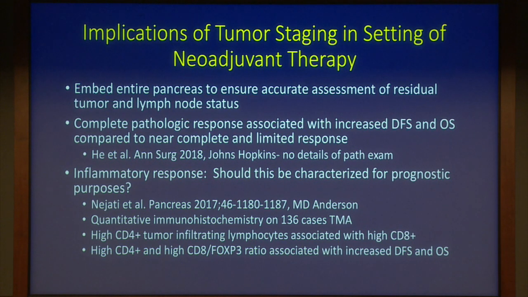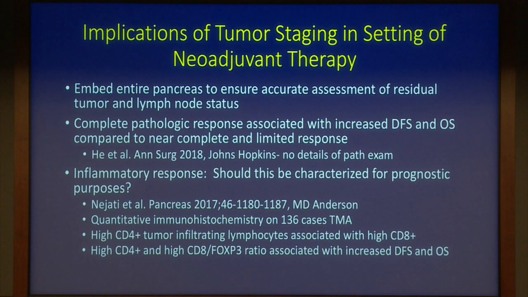And apropos to the discussions we heard at lunch and earlier today, the inflammatory response now, this is all the rage, and after neoadjuvant therapy, or perhaps even before, should this be characterized and quantified in some way by pathologists in the resections? So, for example, in this study from MD Anderson, it was found that after neoadjuvant therapy, patients who had a high CD4, so these are T cell markers, and a high CD8 to FOXP3 ratio, that implies that the CD8 cells are unlocked and ready to go, they're not regulated, those high values were associated, again, with increased overall and disease-free survival.